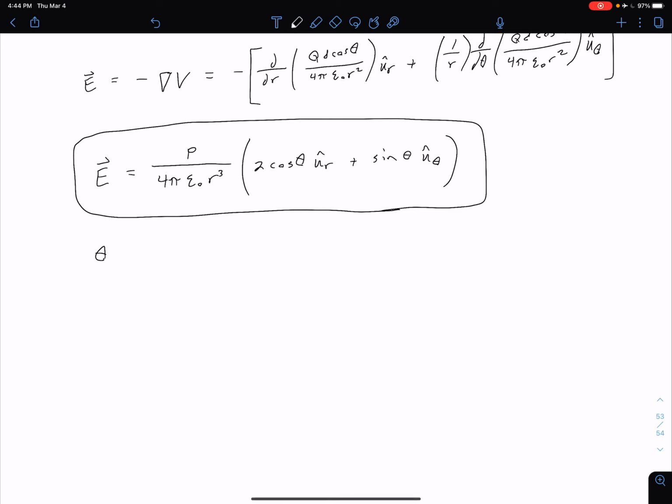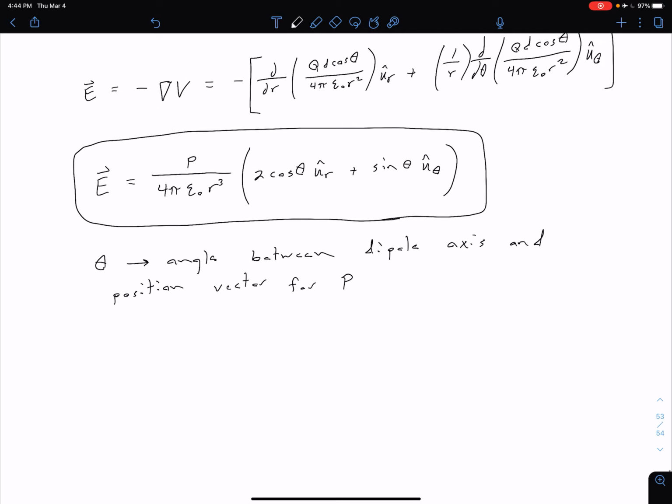So let's say theta is the angle between our dipole axis and our position vector, which is identifying our observation point. So position vector for our arbitrary point P, let's say.